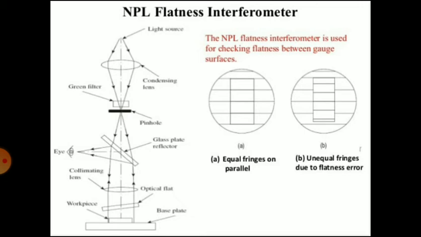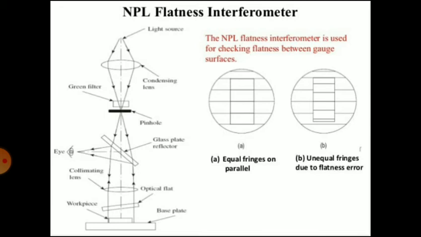The wavelength of the resulting monochromatic radiation is of the order of 0.5 micrometer, which means 0.0005 mm. This radiation is then brought to focus on a pinhole. So below the green filter there is a pinhole, in order to obtain an intense point source of light. A mirror is used in order to deflect the light beam through 90 degrees.